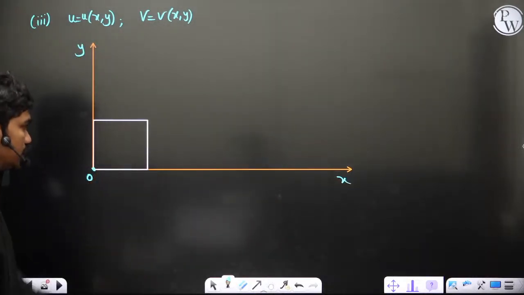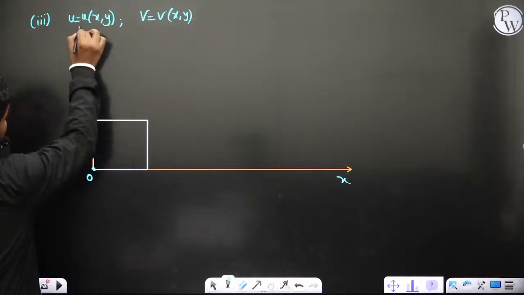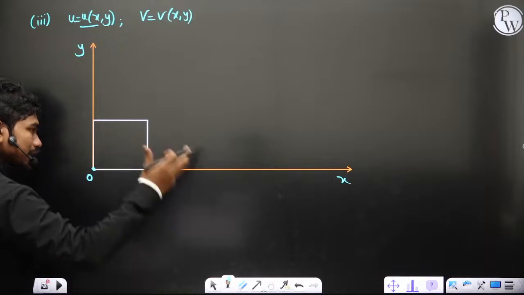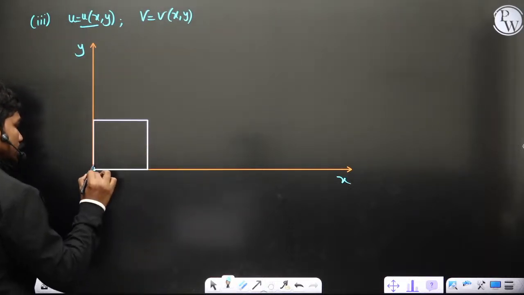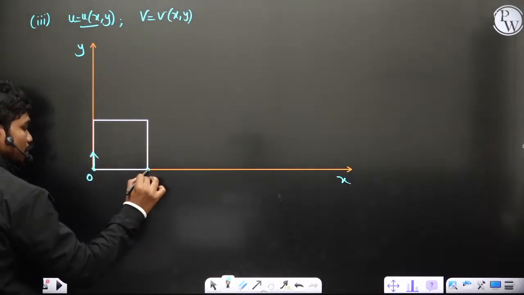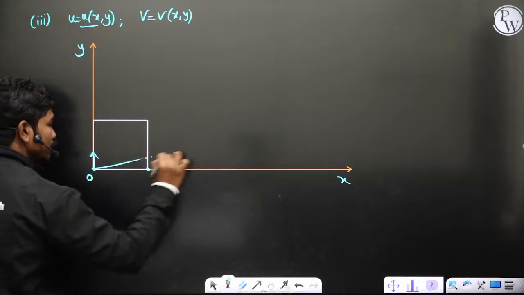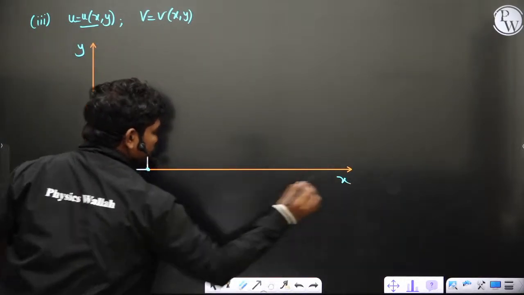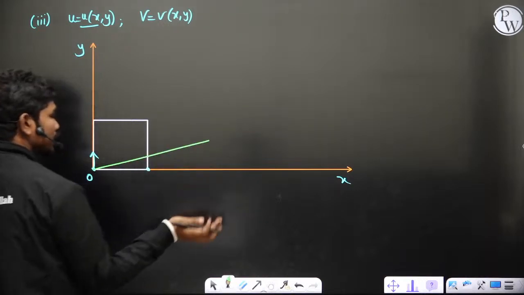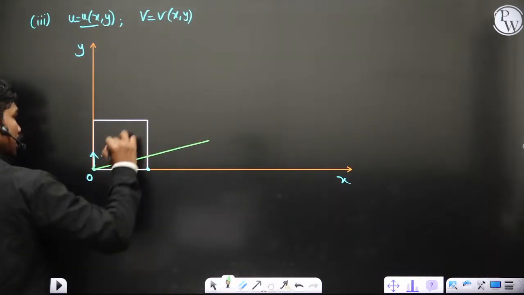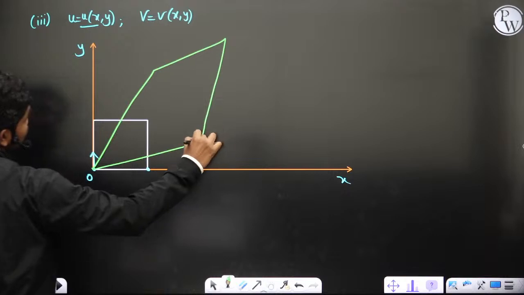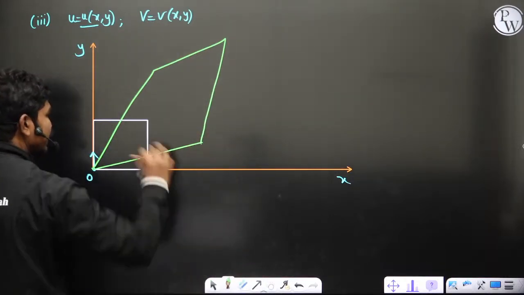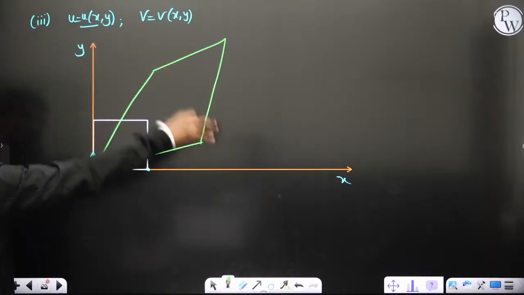If you see the deformation in that case, when u depends on x comma y, one thing we have to understand is that along with stretching, it also gets deformed, because the y velocity of this point is different from the y velocity of this point. So this edge will take some form like this, meaning it gets stretched and also rotates slightly. Similarly, this vertical edge also goes like this, and maybe the total deformation is something like this. So this is the total deformation of the fluid element. It gets deformed randomly depending on these functions of x and y.